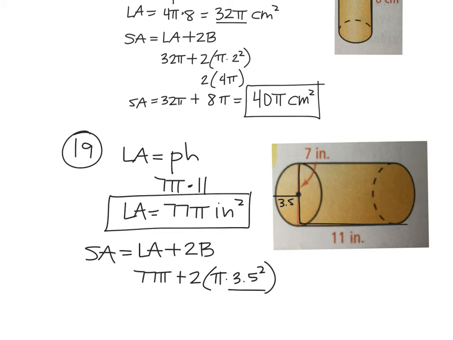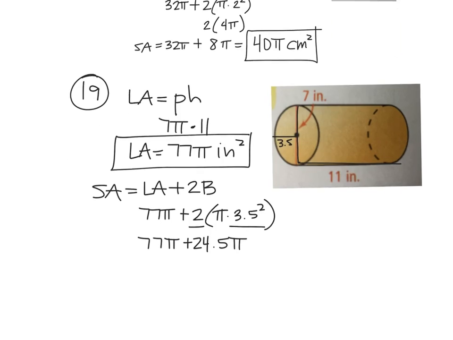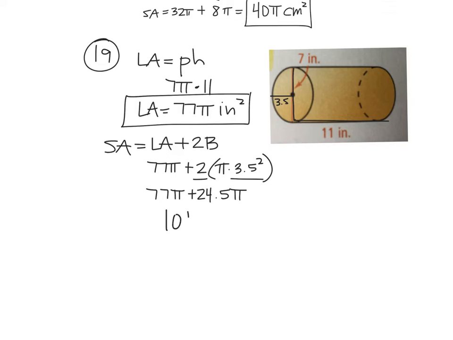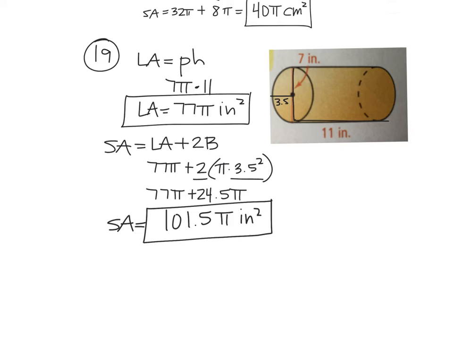But we've got to multiply that by 2, so 24.5. So you have 77 pi plus 24.5 pi. So just do 24.5 plus 77, and you get 101.5 pi square inches. The book might leave that as an improper fraction. I'm fine with a decimal as long as it's an exact decimal like that. So that would be number 19.